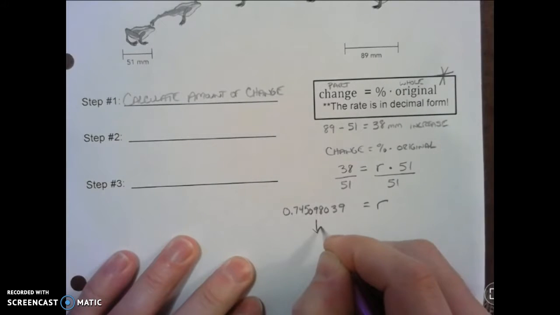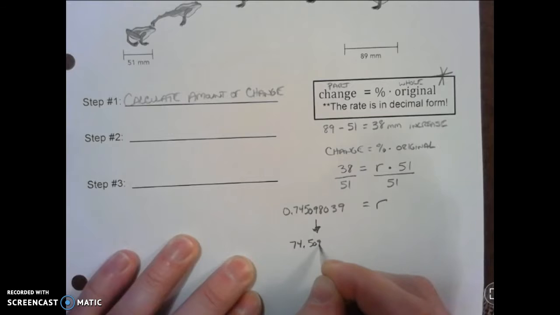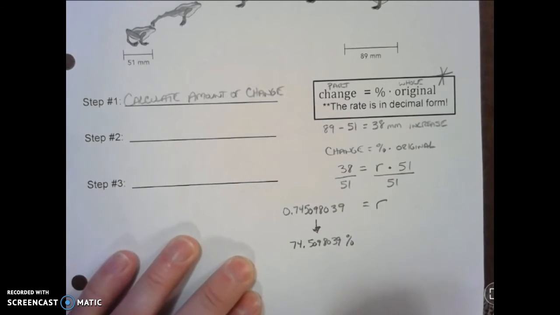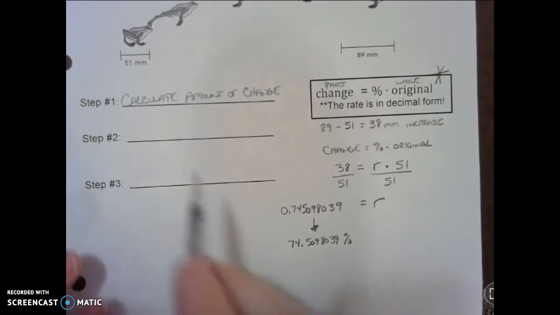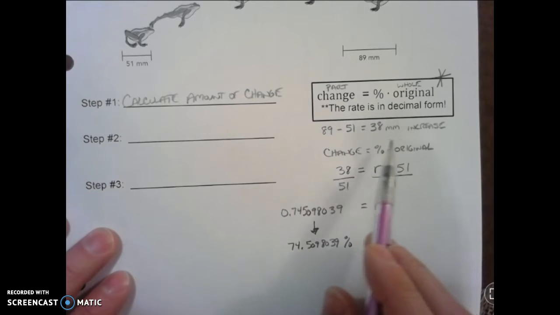So we're going to go ahead and convert this into a percentage, moving the decimal point to the right 2 times. And we get 74.509.8039%.